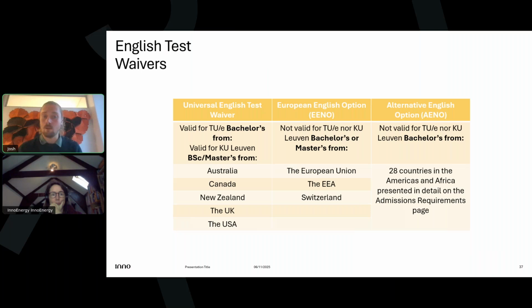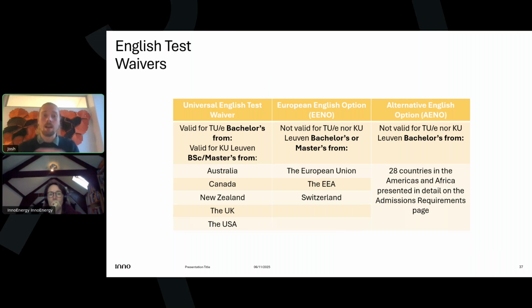Then you can study at all of the universities within this program consortium. If you've studied a master's degree, then this will also be valid for studies at KU Leuven, but not at TUE.